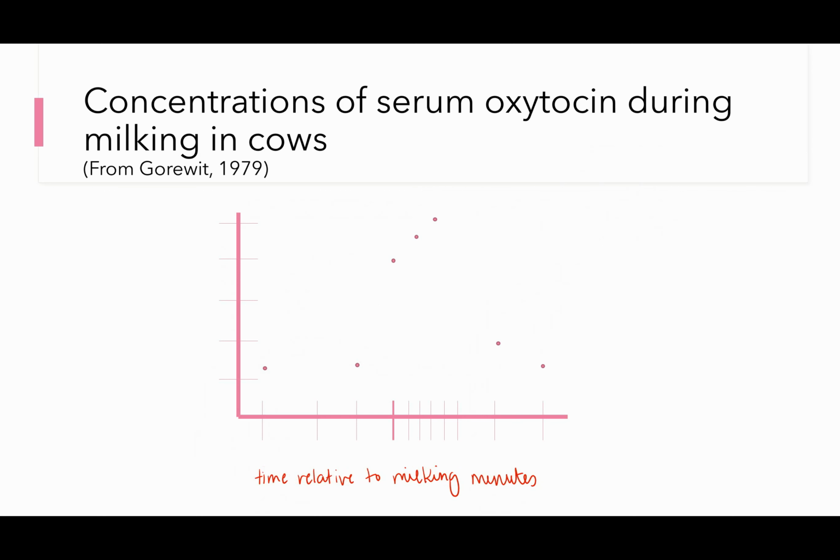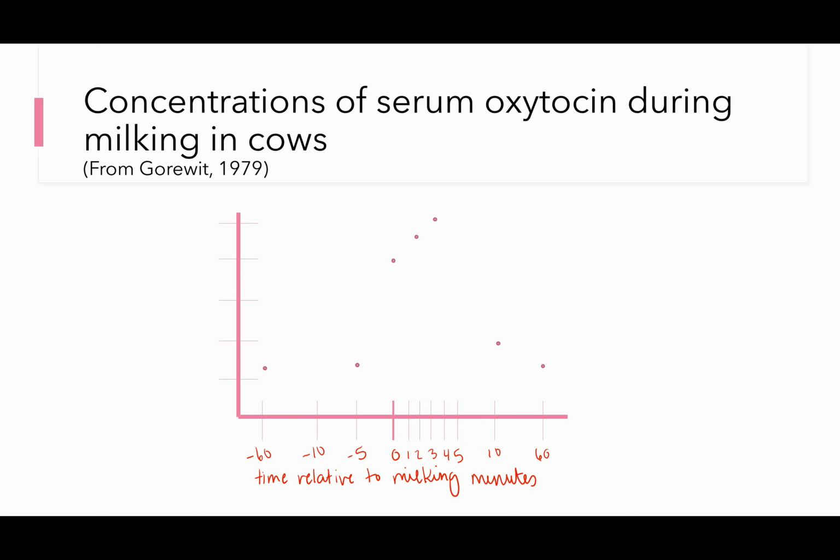So we have -60, which is an hour before, -10, -5, 0, 1, 2, 3, 4, 5, 10, and then 60 again.